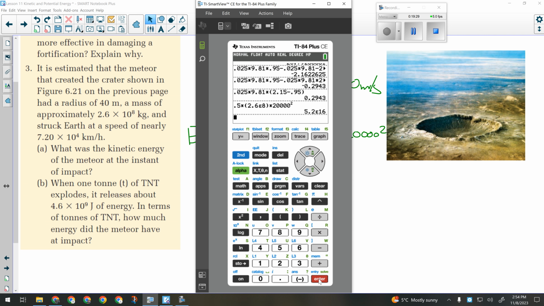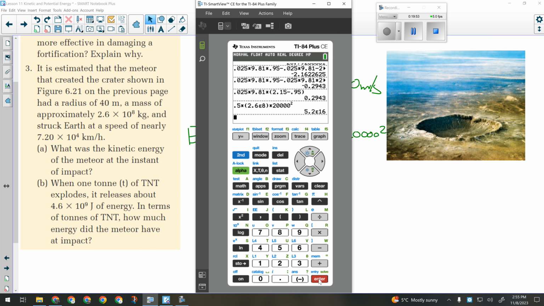Now, in part B, it tells us that 1 ton of TNT releases 4.6 times 10 to the 9 joules of energy. So if I piled a bunch of crates full of dynamite until I had 1,000 kilograms of it, that's how much energy it would release if I blew it all up at the same time in a Minecraft-esque way.